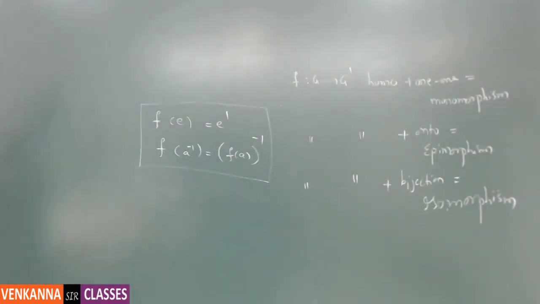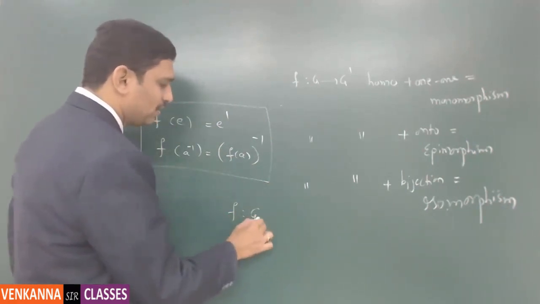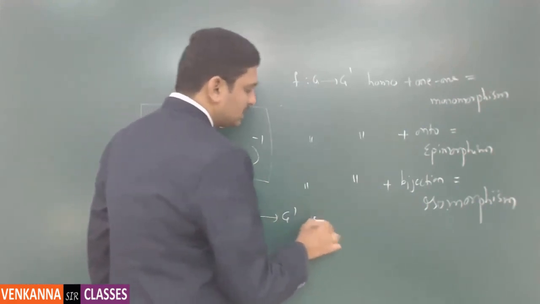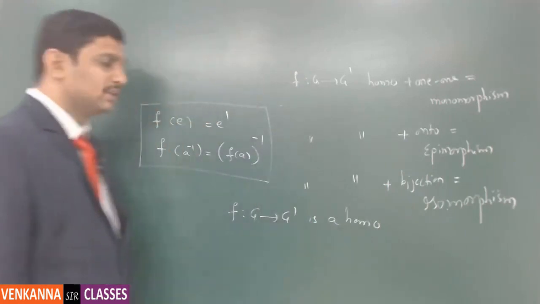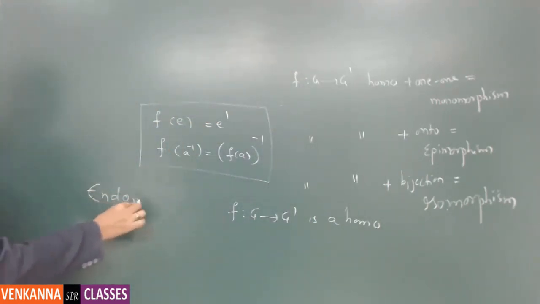Now we give another name: if f from G to G dash is a homomorphism, then we call it an endomorphism.